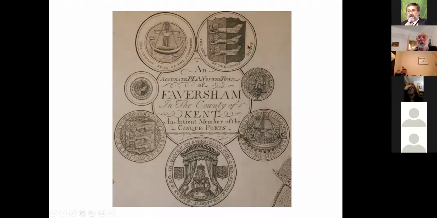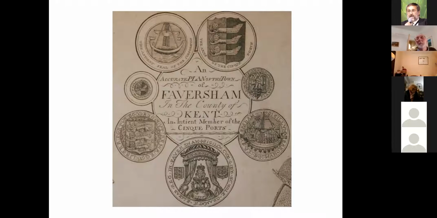The arms of the Cinque Ports, the obverse and reverse of the town seal as we know it now. What's this one? I can't remember that. This is Queen Elizabeth School. This one's the Port Moat Court. I'll have to look this one up.